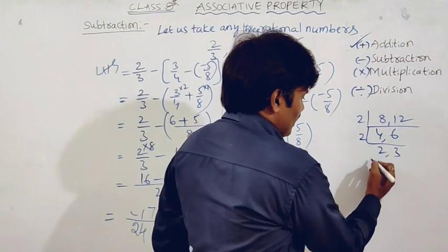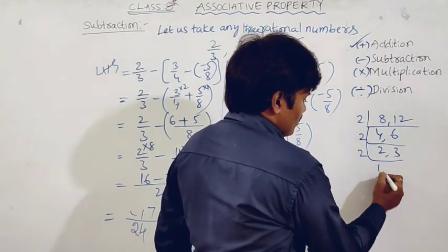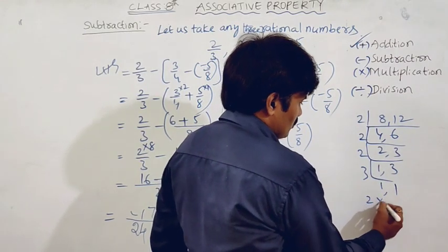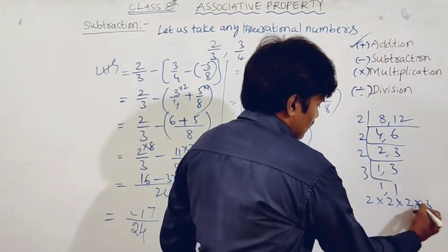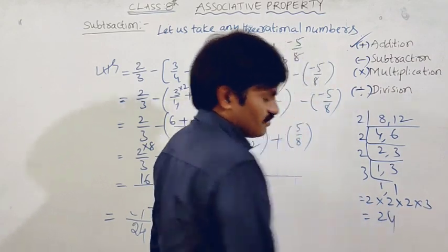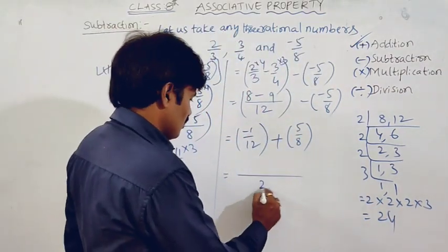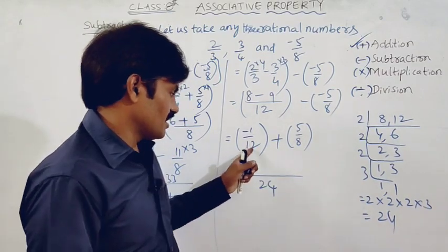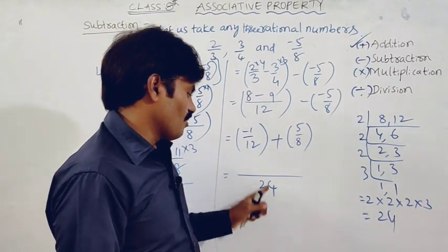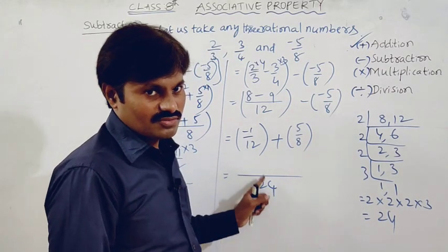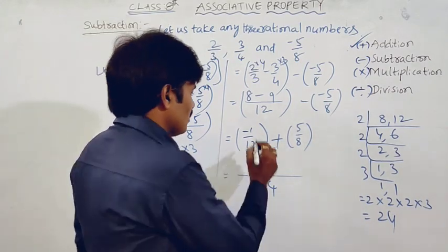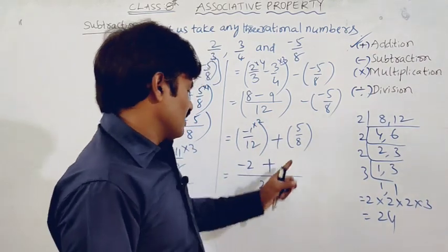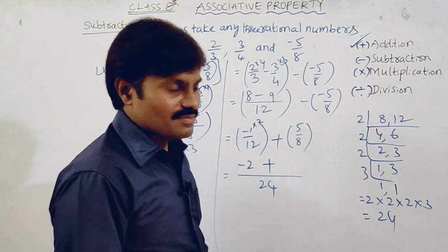So we can write the LCM as 2 into 2 into 2 into 3, that is 24. Clear? So the LCM here is 24. Now check how many times 12 divides 24: obviously 2 times. So minus 1 into 2 is minus 2, plus 8 divides 24 3 times.